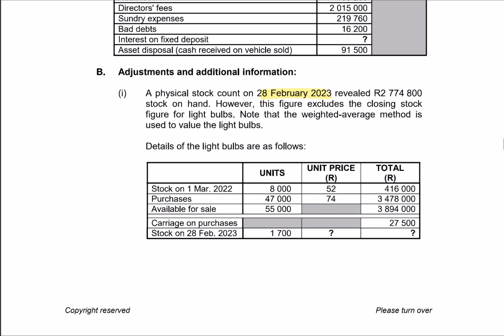Units, then price and total. When you're doing stock valuation, you always get this type of table. Stock on 1 March 2022, that's 8,000 units at 52 rand each. Then purchases, that's for the year, 47,000 at 74 rand each. Then available for sale, that's 55,000, which is 8 plus 47.